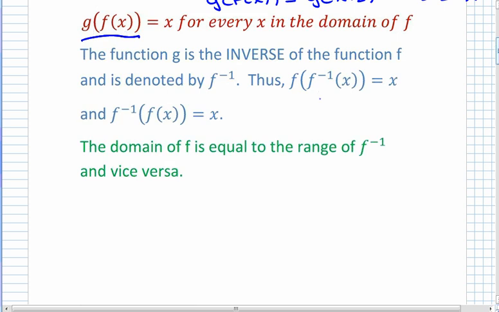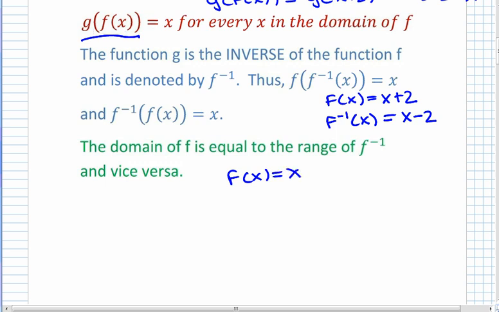And when we have inverses, for example, f of x was x plus 2, therefore g of x would be considered f inverse of x, and this is how we write it. That's x minus 2. And notice if we made a table, let's say f of x equals x plus 2, if we made an x y table, notice 1, 2, 3.